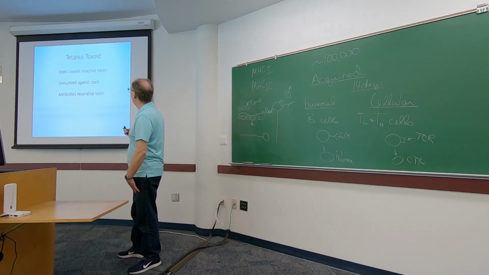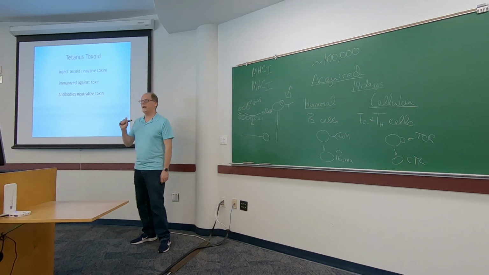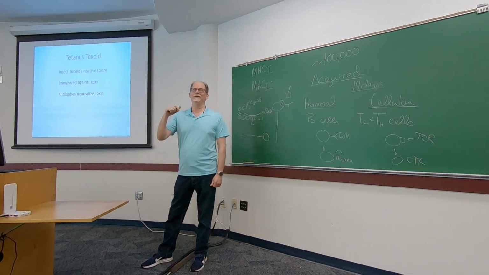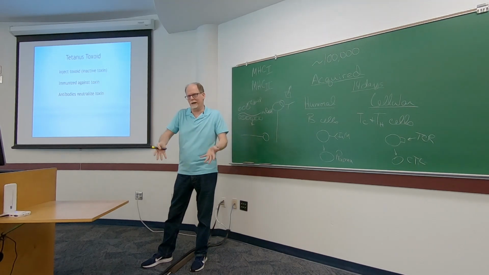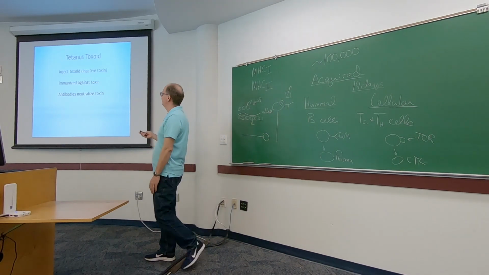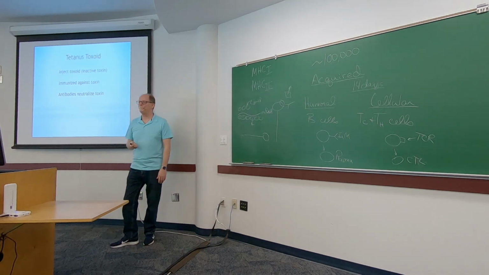So the tetanus toxoid, I talked about this, that just means they inject an inactive toxin into you, so you make an antibody against a toxin if it ever got in your body. You'd have to be infected with the bacteria that makes the tetanus toxin, but that's the whole purpose.